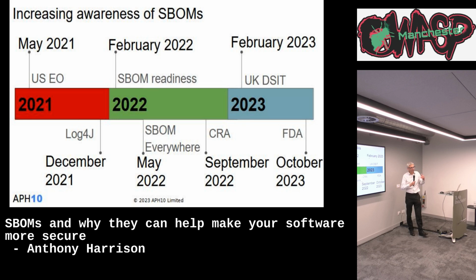Then the Europeans decided to have a go, and they came up with the Cyber Resilience Act. Totally different to the exec order, and being European in the EU, it is really bureaucratic. They've tried to say, well, we need to deliver software bills of materials for all software, whether it's open source or not, and we need to support it for vulnerabilities and support it for N years, etc. I have absolutely no idea whether it's achievable.